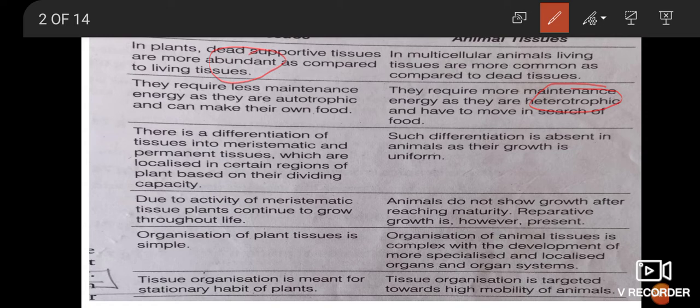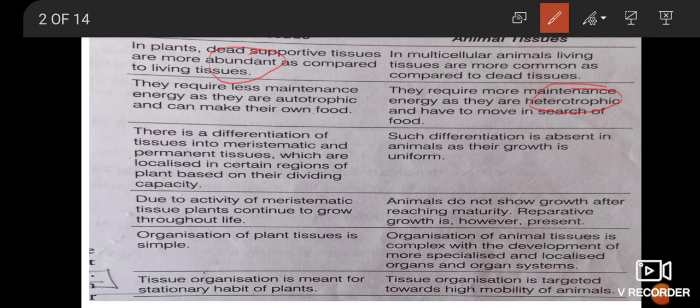That is apical meristem, lateral meristem and intercalary meristem. And these three types of meristem are present at particular regions only of the plant. Some of the meristems are present at the tips of the root and shoot, for example lateral meristem is present at the lateral sides of the plant only, right? Whereas apical meristem is present at the tips of the root and shoot. So this is the differentiation in the plant tissue only.